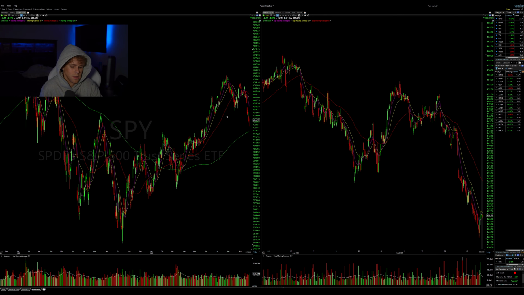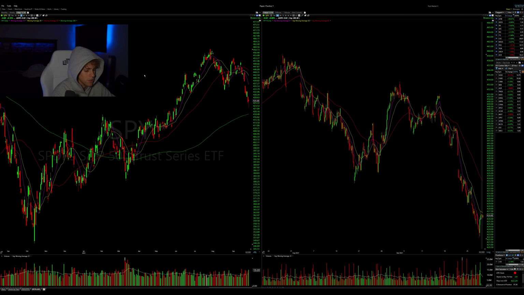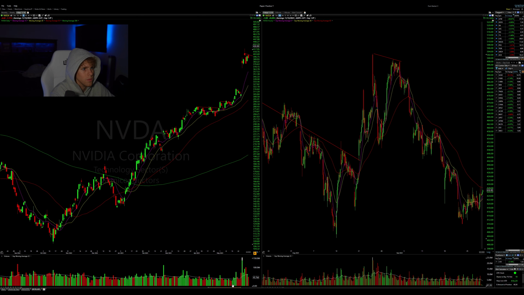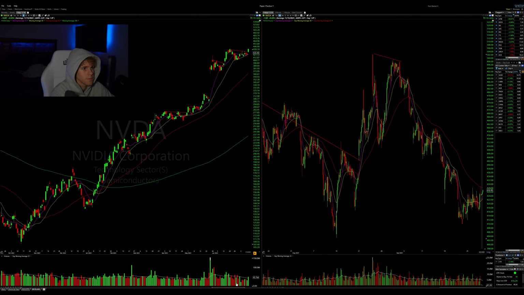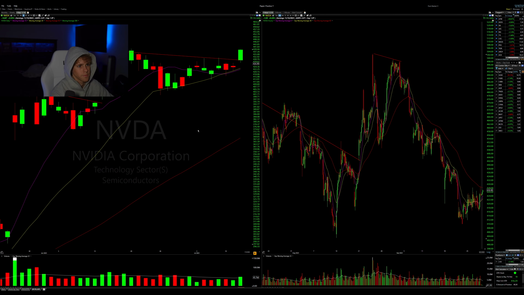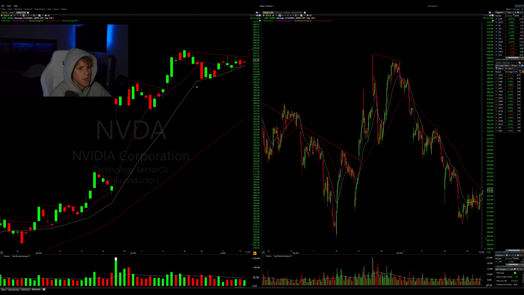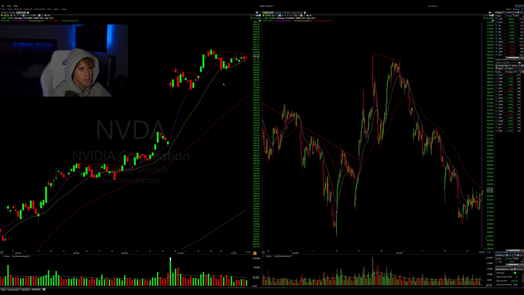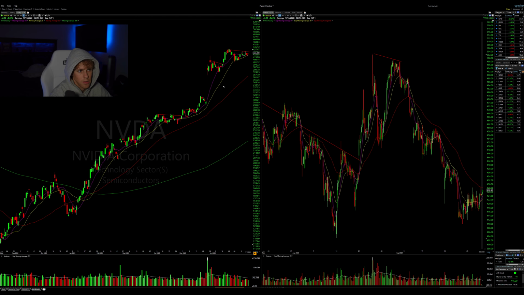Yeah, what else can I go over? Oh yeah, bad setups can be good if they're in the right sector. When you look at the perfect setup, let's use NVIDIA for an example. The reason this was such a perfect setup is because it was a really good looking setup in a really good sector, and it was a really good stock in that sector.